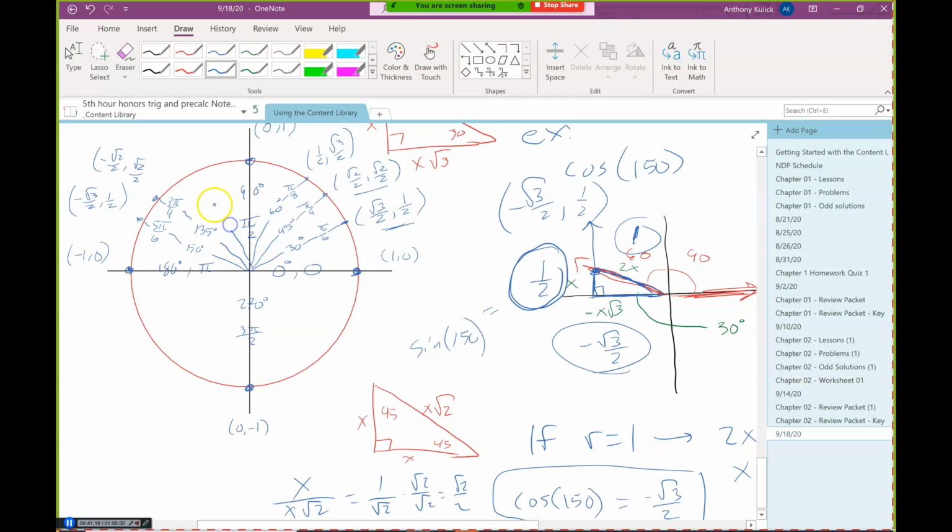And then if I make a 60-degree angle with the x-axis, that's the same thing as a 120-degree angle, or 2 pi over 3. And again, it will be the same coordinate, except the x-coordinate should be negative. Is everybody okay here?